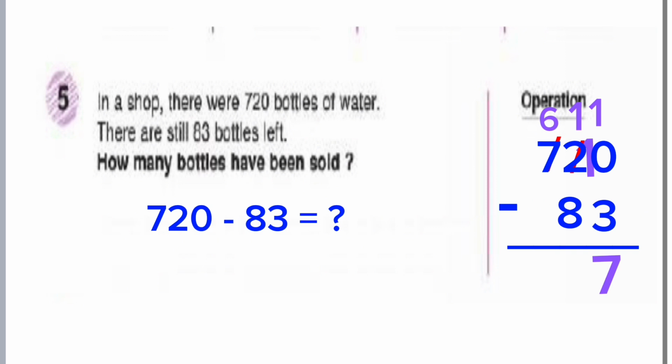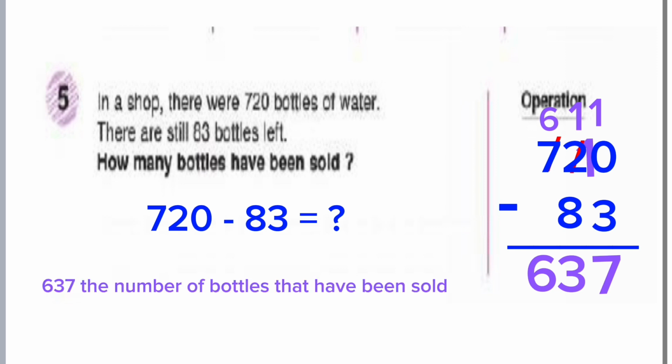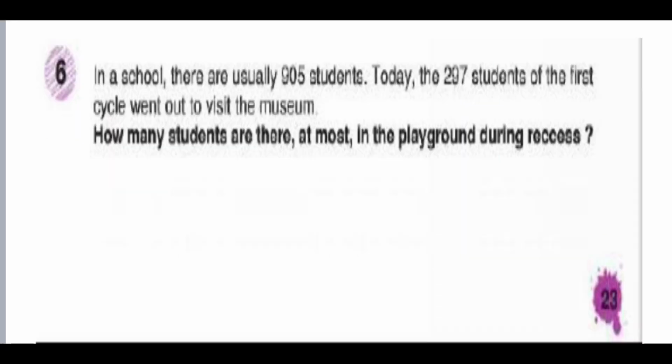So 11 minus 8 is 3, and the 6 we put down since 83 has no hundreds. So he asked me how many bottles have been sold. 637 is the number of bottles that have been sold.